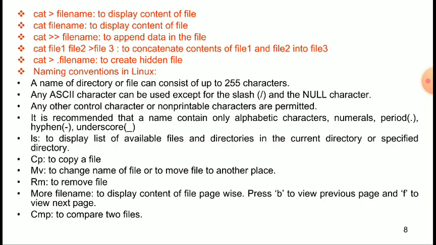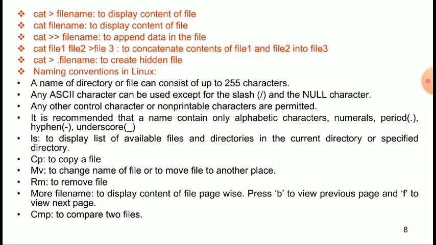Next command is cat > file name. That means to create a file. cat and file name means to display the content of the file. cat >> file name means to append data in the file. Next is cat file1 file2 > file3.